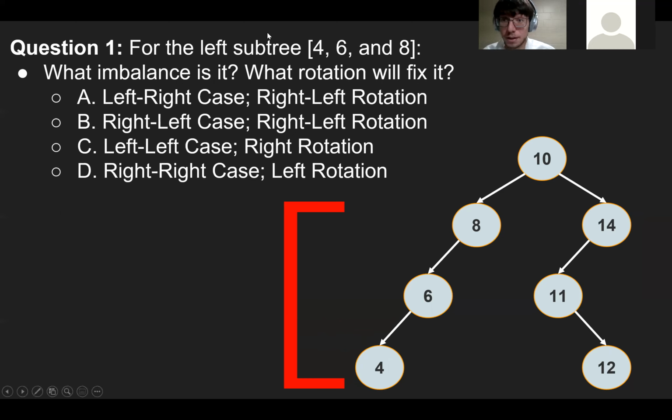C, yeah, absolutely. That's right. And as Rachel noted, it's a left-left case because at 4, 6, and 8, we have 8, and left of that is 6, left of that is 4. So it's a left-left case, and the way we fix left-left is a right rotation. So at the end, it should look like 6, 8, 4.